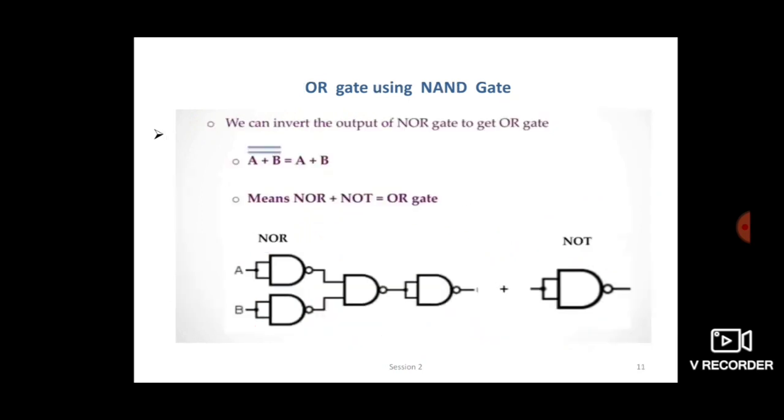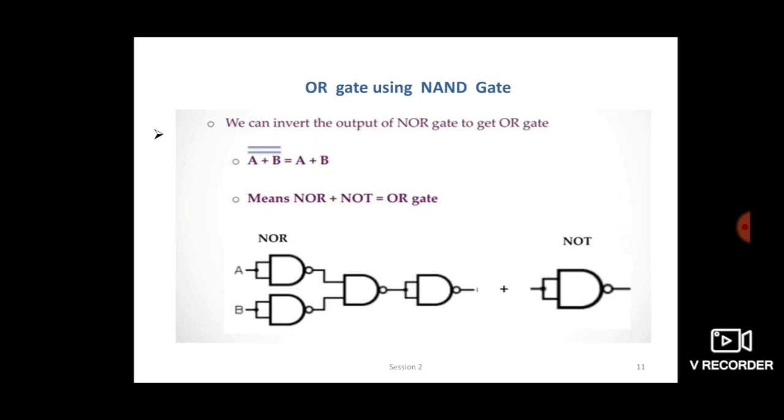So see here, this is a NOR gate circuit. Now this is the NOT gate circuit using NAND gate. Now one thing to remember, student: in any circuit, if NOT gates are joined continuously or sequentially, then cancel both NOT gates. Always remember, if NOT gates are sequentially joined, then cancel both.